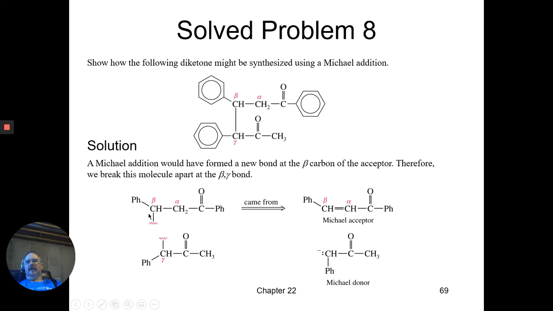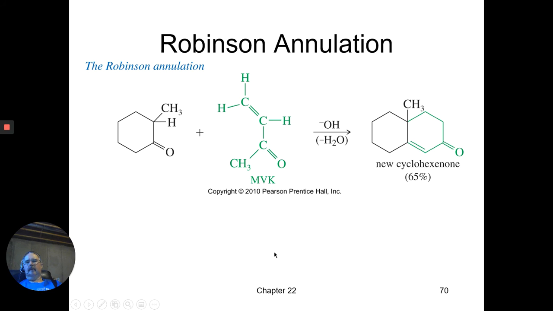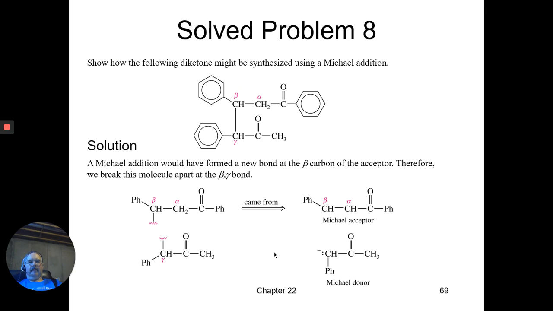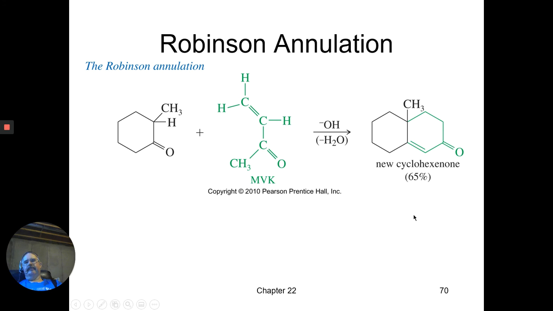So we broke the bond after the beta carbon, so this becomes our Michael acceptor. And then here we have our Michael donor. And again, we'd likely have another ester group that we would hydrolyze and decarboxylate.